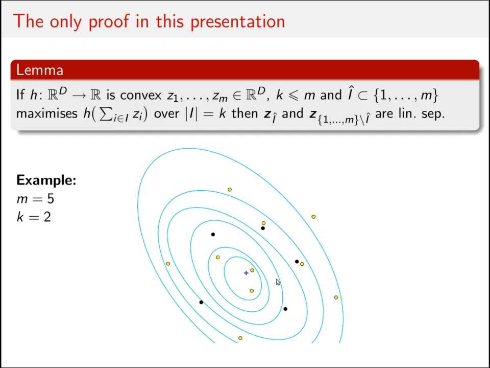Because this function is convex, I know that I can restrict myself to the convex hull of those yellow points, so I obtain a multi-dimensional polyhedron. And because it's a convex function, I know that its maximizer is a vertex.